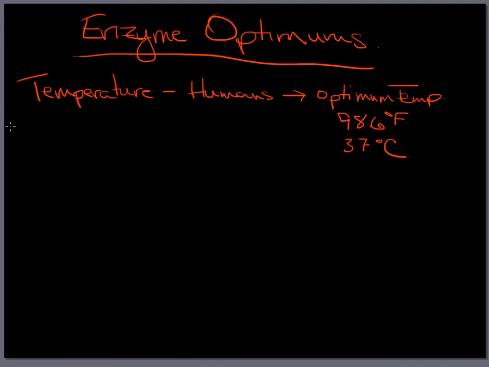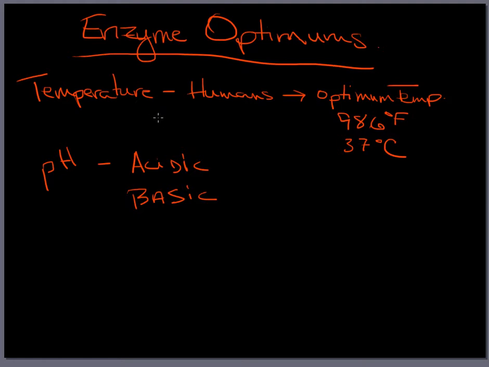The other thing that plays a role in enzymes functioning appropriately is pH. Whether an enzyme functions in an acidic or basic environment is going to play a role into how efficient the enzyme functions.